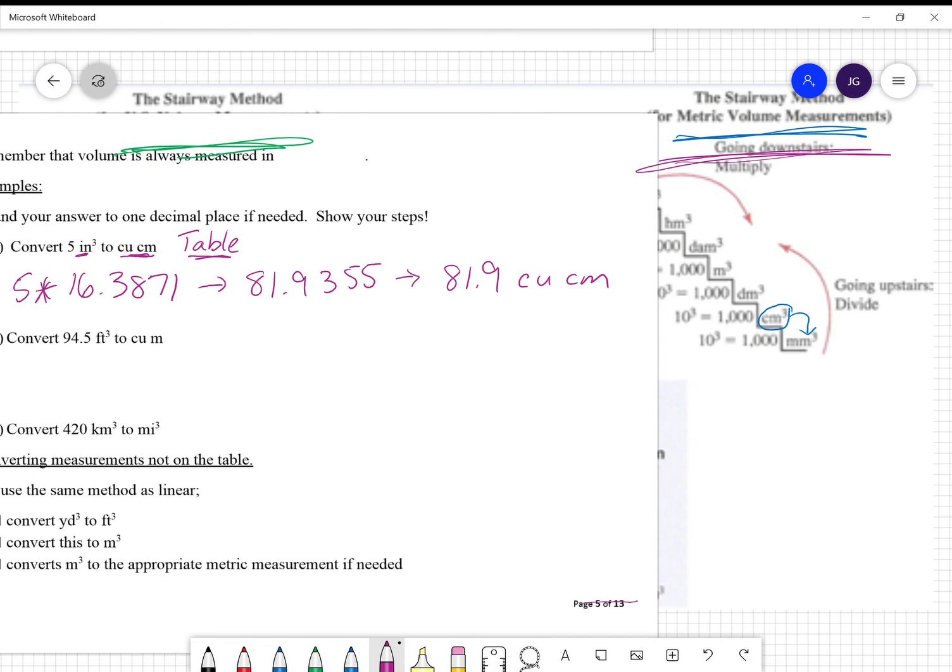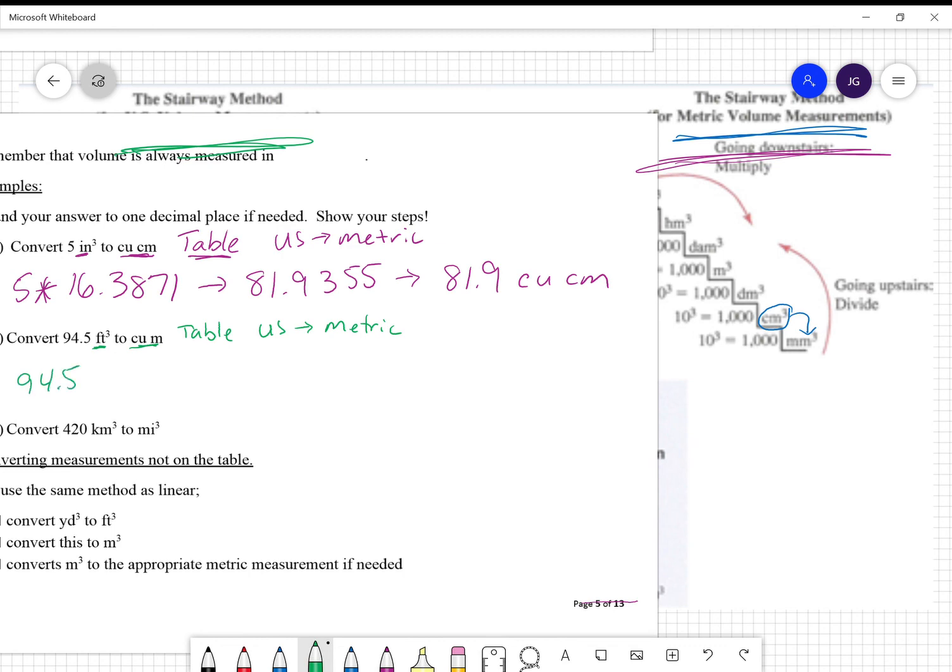Next example, convert 94.5 feet cubed to cubic meters. I know I'm going to need to use that table because I'm going from US to metric. In the last example, it was also US to metric. Whenever you're going from one to the other, you will use that table. So I'm going to start with my given value, 94.5.